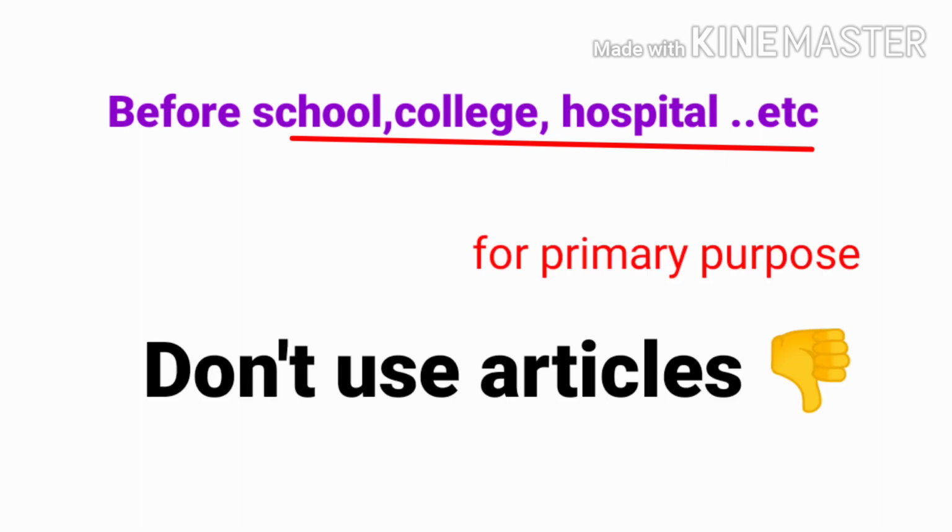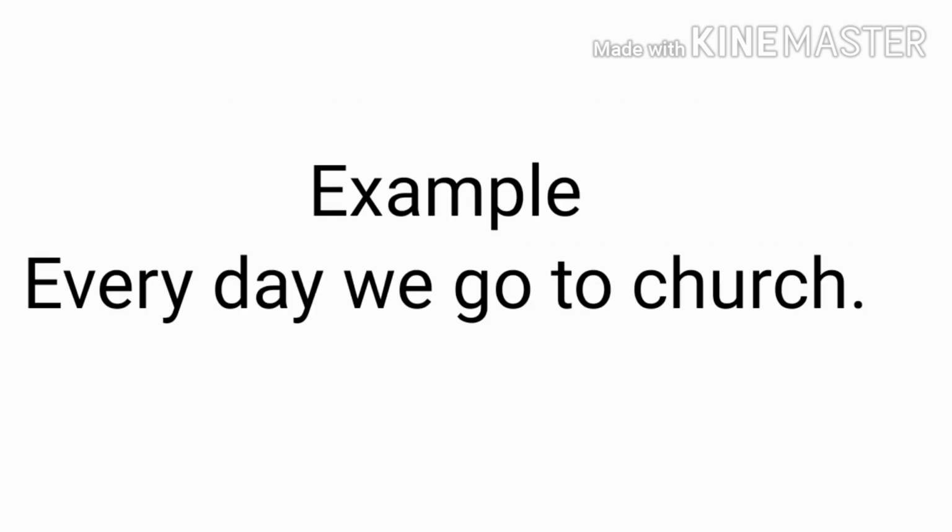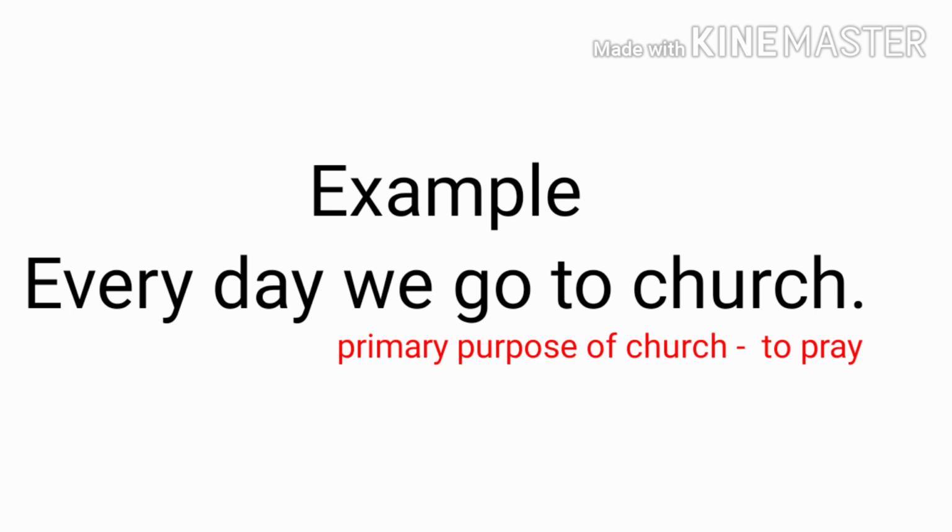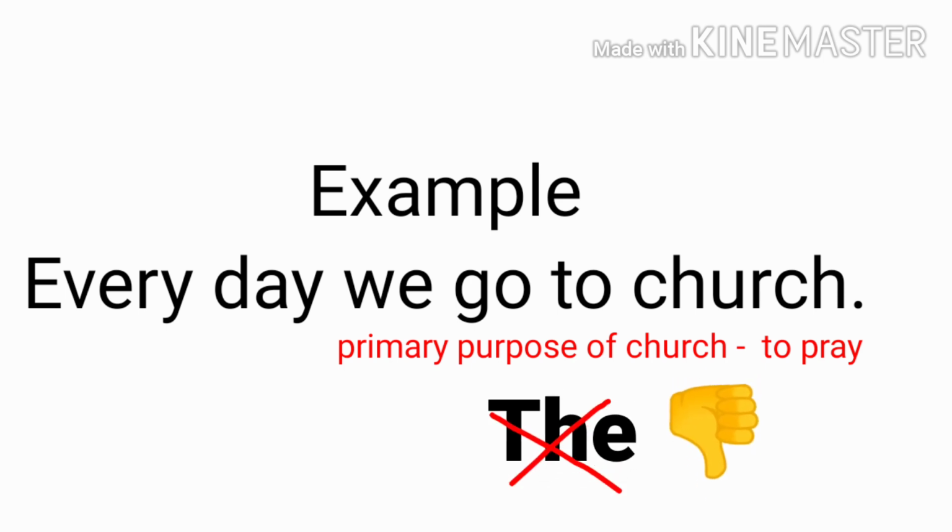And before school, college, hospital, etc., when these places are used for primary purpose, we don't use articles. For example, every day we go to church. Here, the primary purpose of church is to pray. So here, we go to church to pray, so the is not used.